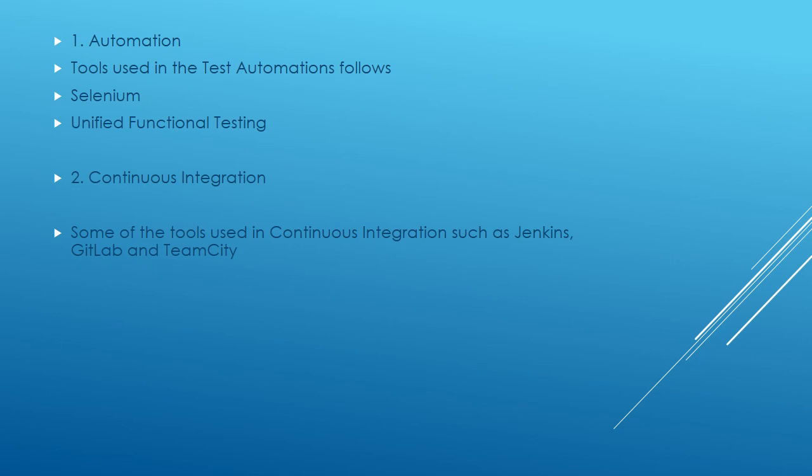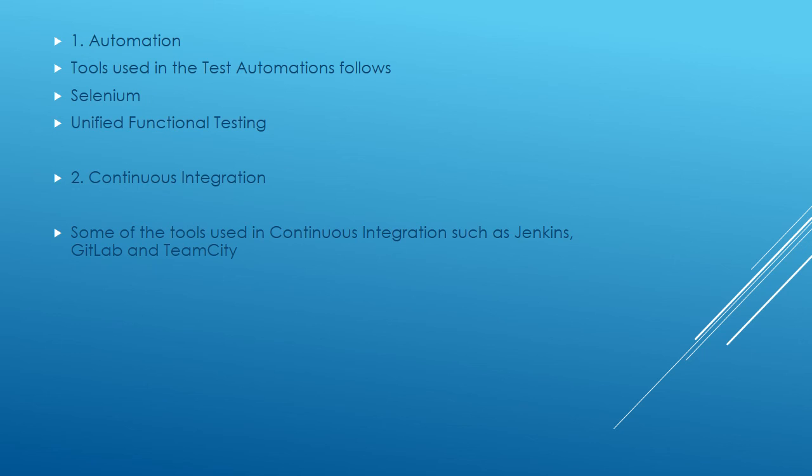This main thing is should be the automation. Tool used for that text automation as follows. We can use Selenium, unified functioning testing also, and that continuous integrations also, and we can apply.